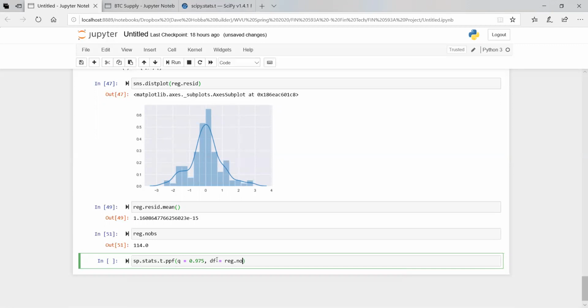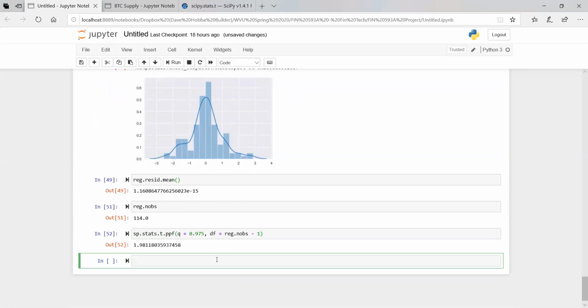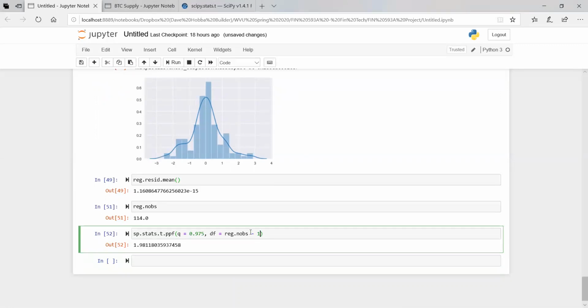The degrees of freedom would be n, which would be the regression number of observations, minus 1. We already went over degrees of freedom in the previous semester.